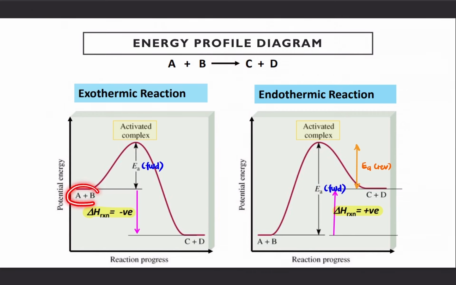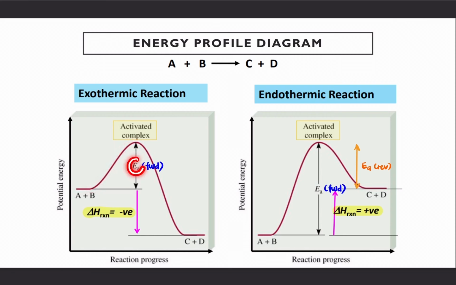We have our reactants right here and our products right here. Your enthalpy of reactants will be higher than the enthalpy of products. That means when this minus this, you will get a negative value. This is your activation energy, when your reactants gain energy and form the activated complex.